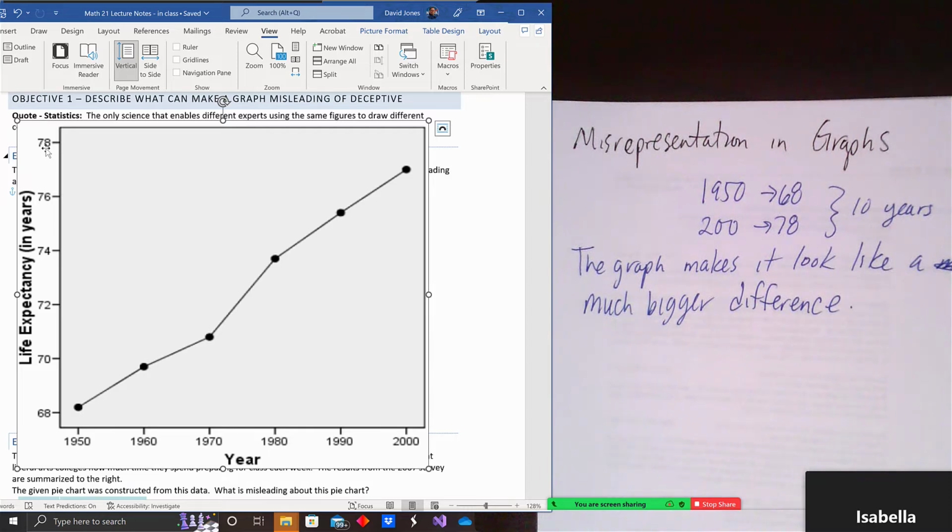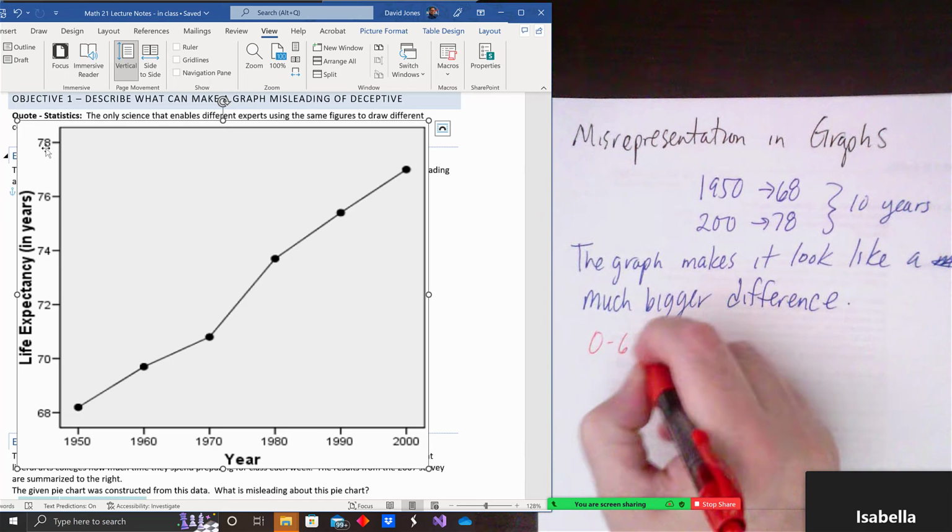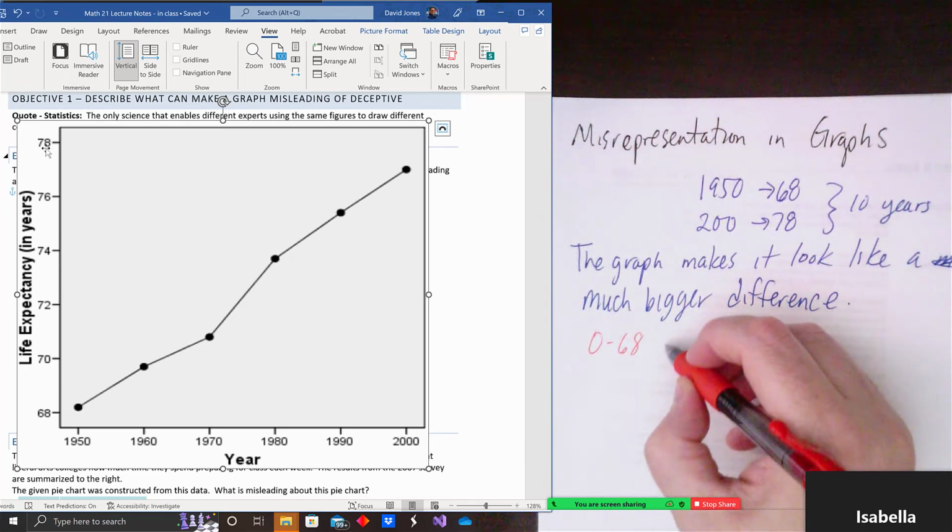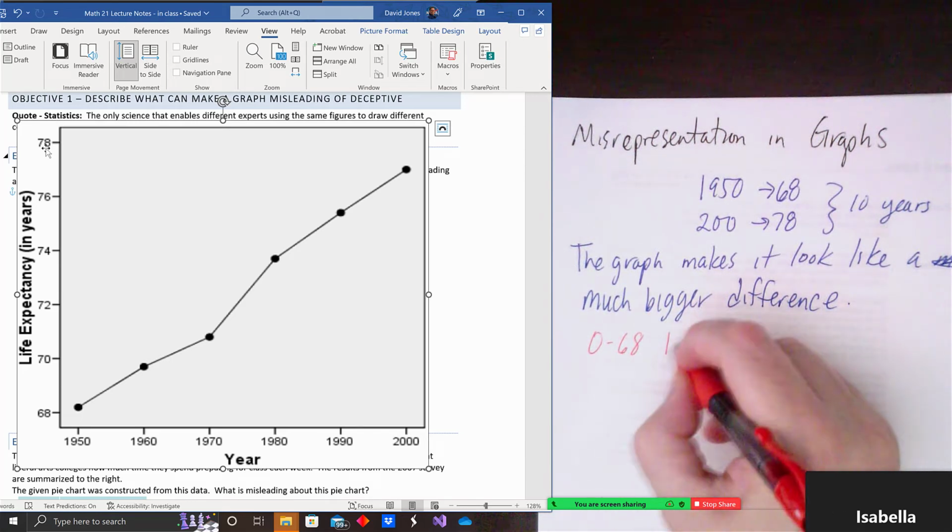There is a fix for this. A good way of doing this same graph, because let's be honest, we don't want to have 0 through 68 here, is probably much lower. There's a lot of dead space on the graph.